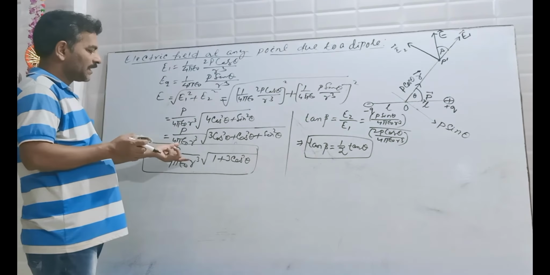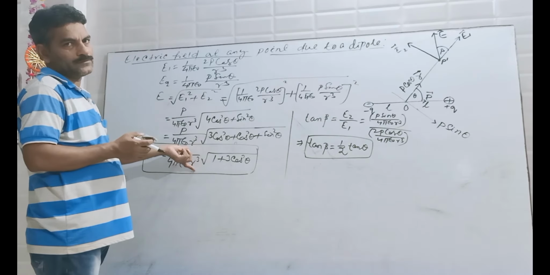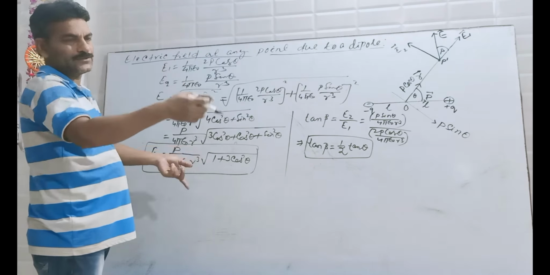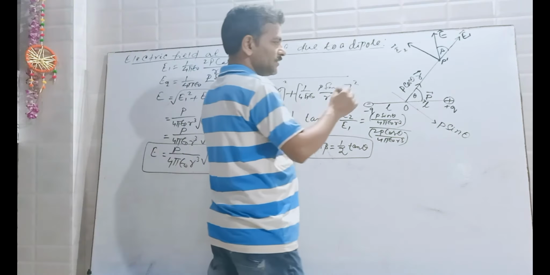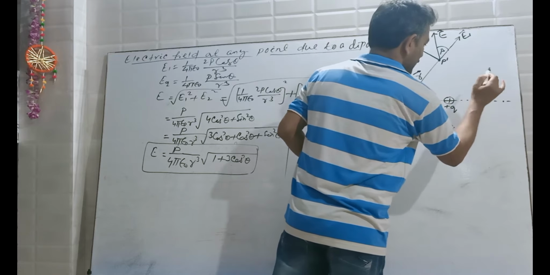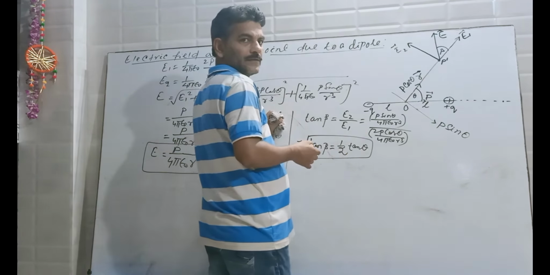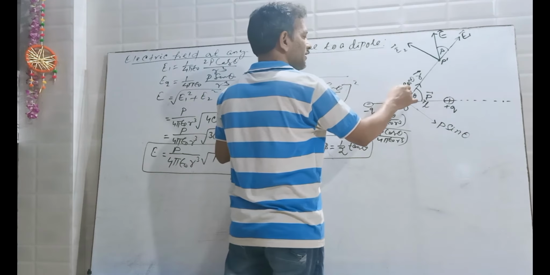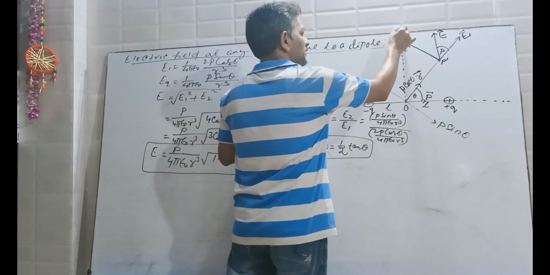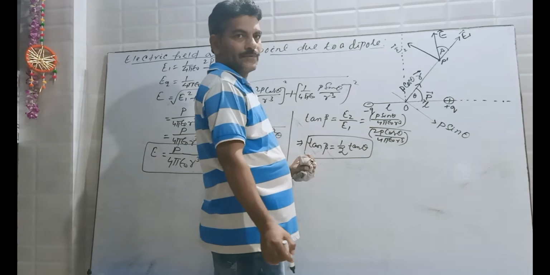You see, from this general formula, you can also find the electric field due to this dipole at an axial point as well as an equatorial point. If you find the electric field at any point here, it will be the axial point. If we find the electric field due to this dipole anywhere on this line, it will be the equatorial point.